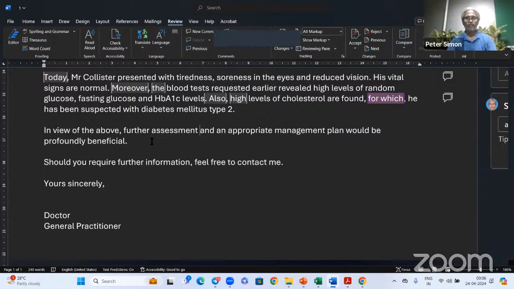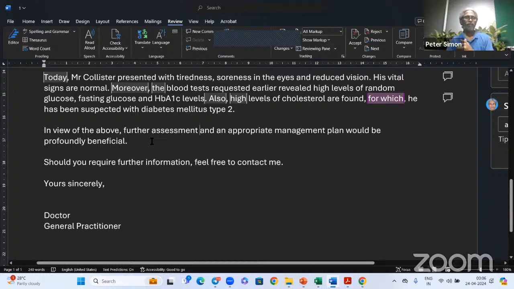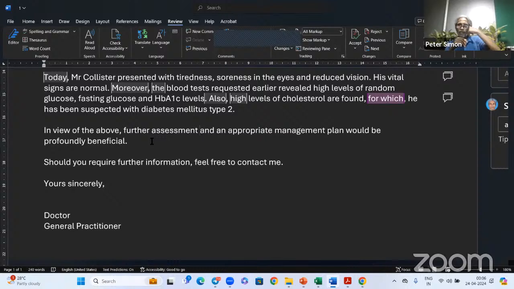Further assessment that he has type 2 diabetes mellitus. They are only showing signs and symptoms and giving a preliminary diagnosis. You will confirm it.